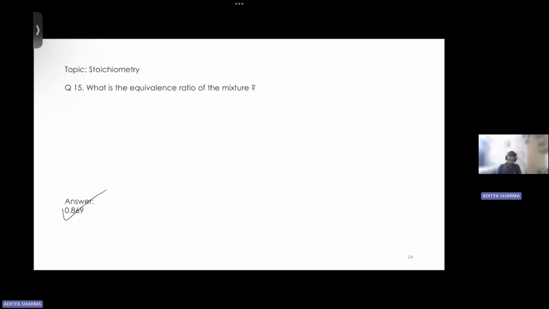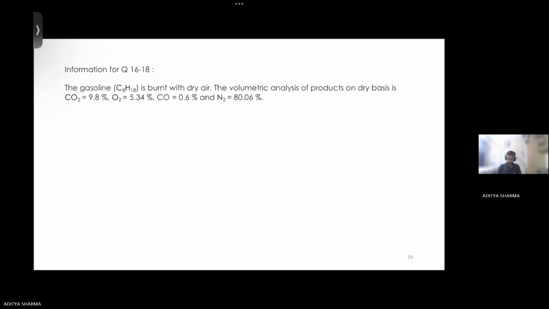Then moving on to question number 16. Okay, so this is 16 to 18. Information has been given: carbon dioxide, oxygen, carbon monoxide, and nitrogen.